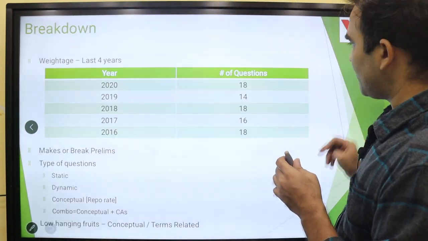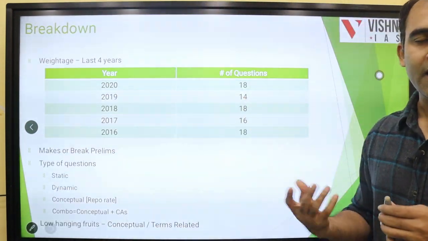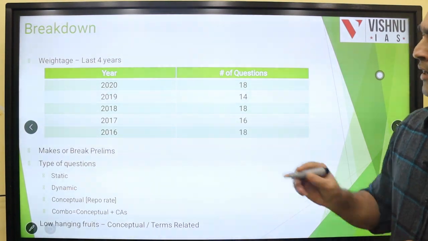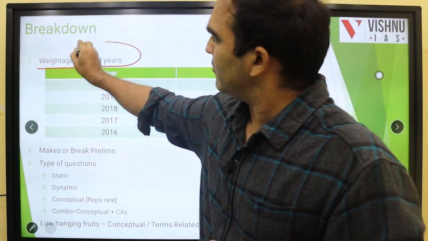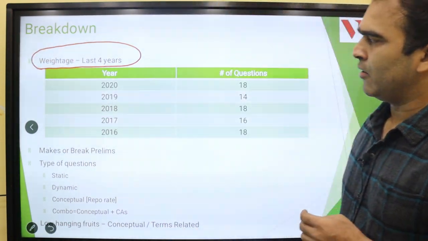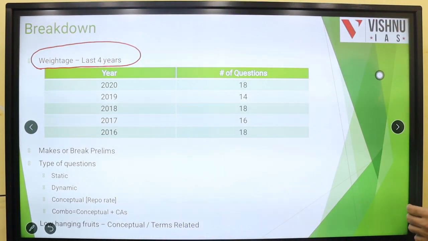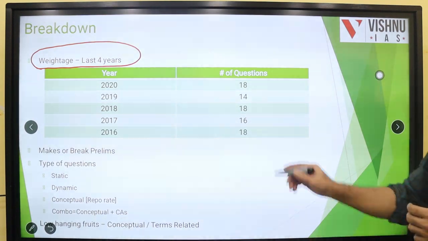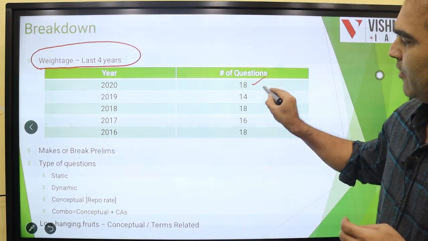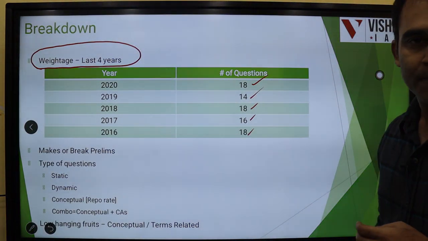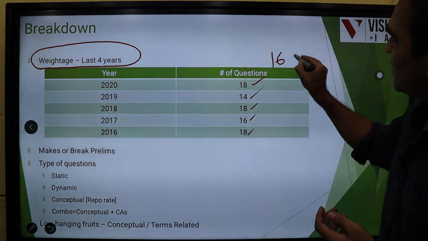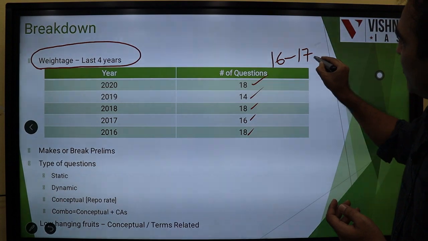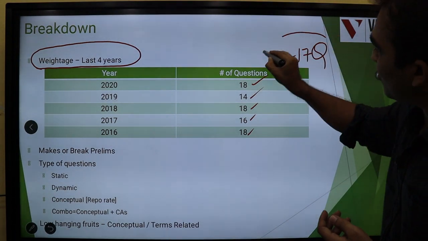Moving on, if we look at the breakdown and pattern analysis, this was the weightage that UPSC has followed in the last 4 to 5 years. So if you look at the number of questions, 18, 14, 18, 16 and 18, which means on an average there are around 16 to 17 questions from Indian economy in your prelims.